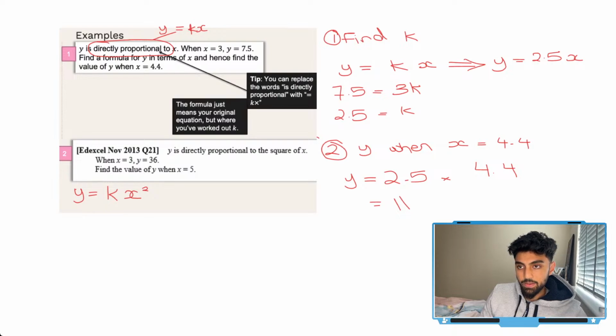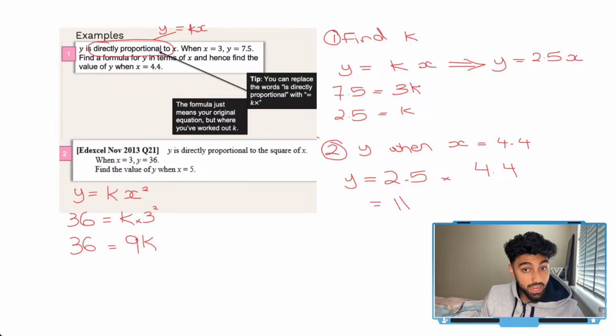When x is equal to 3, y is equal to 36. So we say that 36 is equal to k times 3 squared. Now k times 3 squared is what? It's 9k. And therefore, if 36 is equal to 9 times k, then k is equal to 4, using our principles of rearranging formulae. That was our first step.